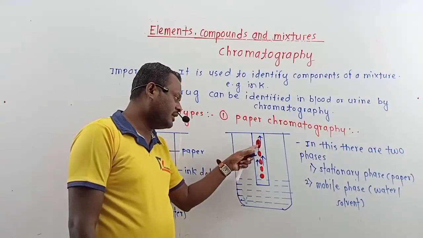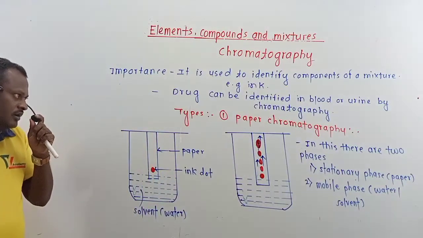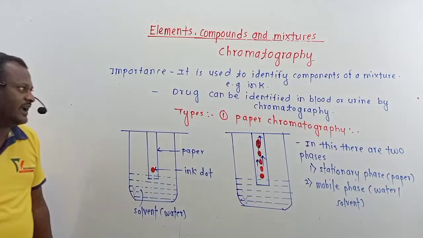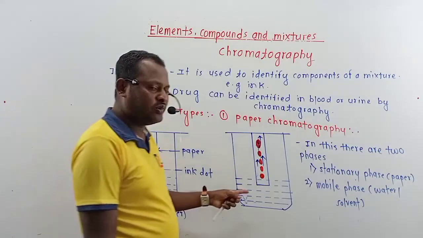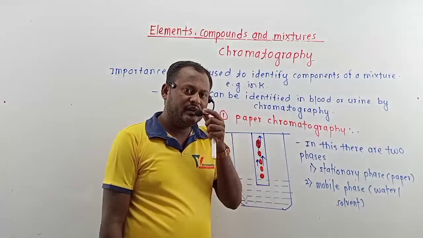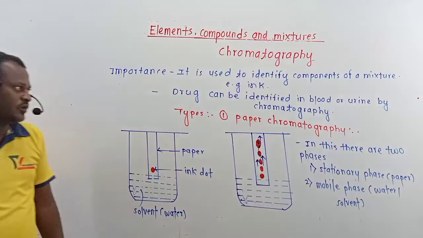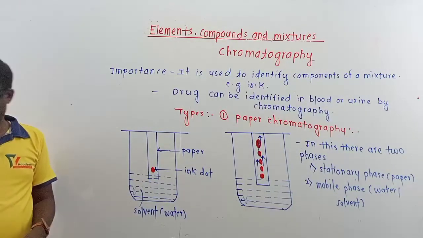Below that are different colors whose molecular weight is higher. Like that we can detect the different components in the mixture and separate them. So this is paper chromatography.